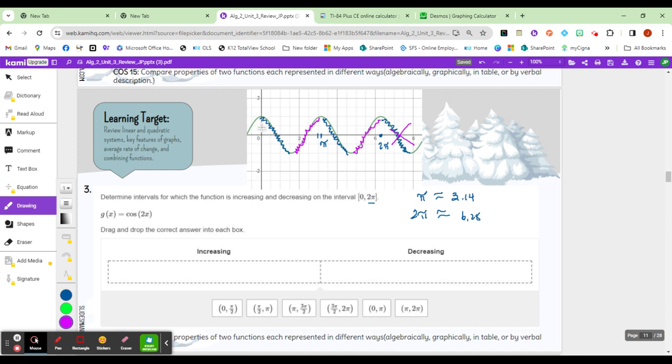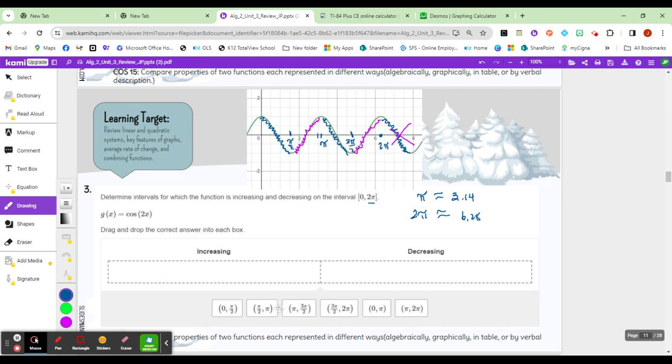So decreasing, if we were doing decreasing from 0 to around this point right here, which is pi over 2. Decreasing again from pi to this point, which is halfway between pi and 2 pi, so that's 3 pi over 2.